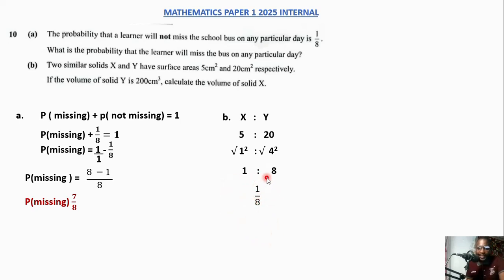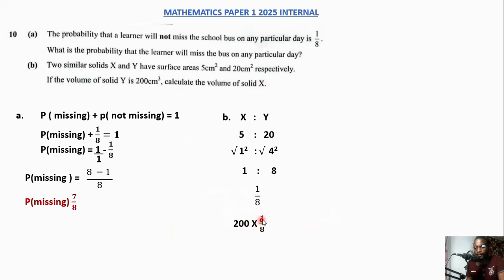When you reach here, since they've said the volume of solid y is 200 centimeter cubic, we're now calculating the volume of solid x. So we just multiply this ratio, or this fraction I've got, by the 200, so that I find x.